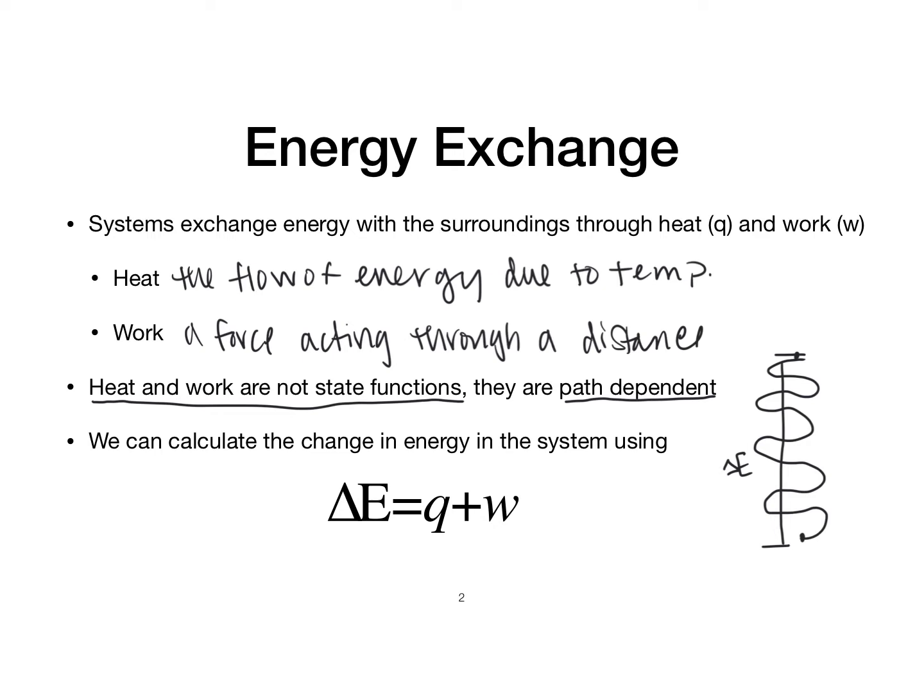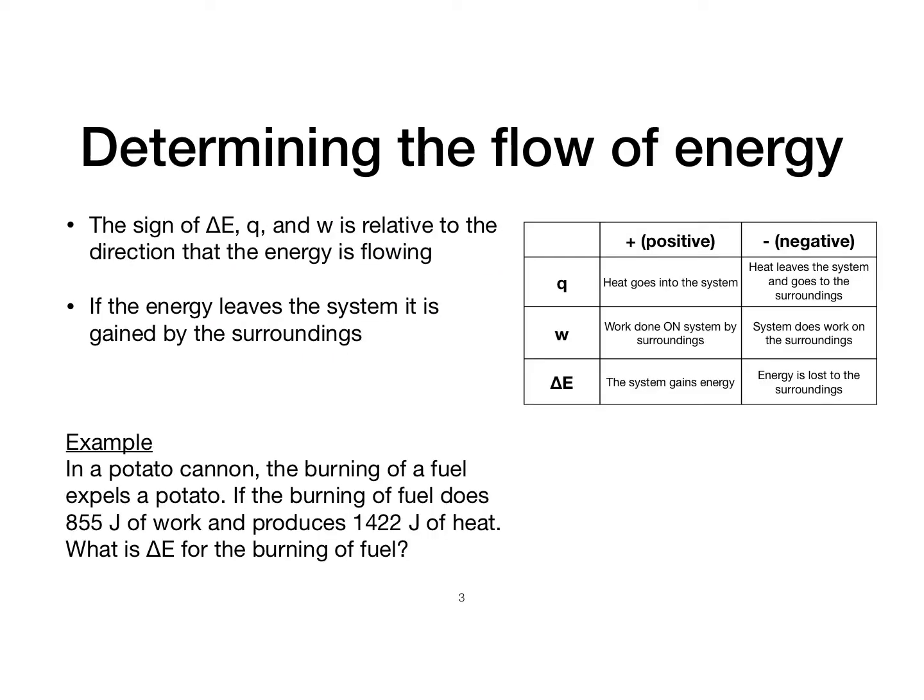Once we think about figuring out the change in energy, we need to think about how the energy, the heat, and the work flow. So the sign of these three values is relative to the direction that the energy is flowing. If it's leaving the system, it's going to the surroundings. Also, if it's going from the surroundings, it's going into the system.